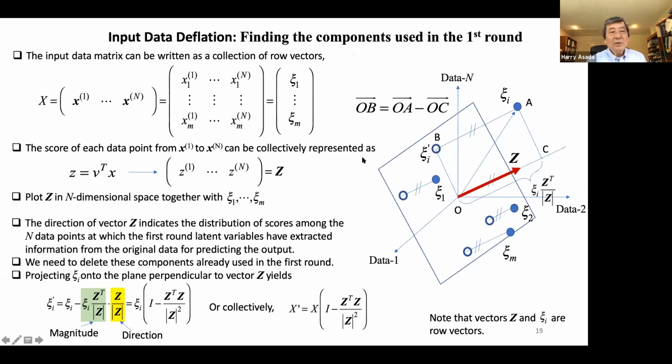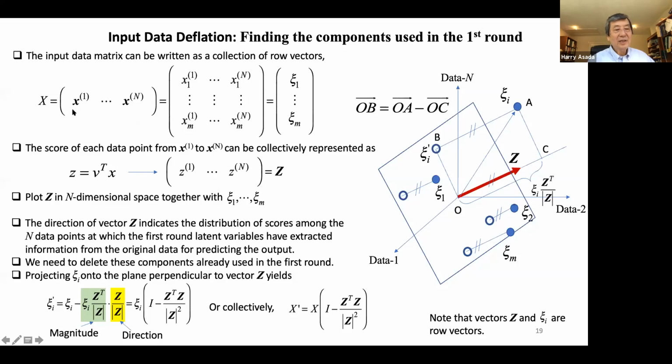So what we'd like to do is actually input data deflation, finding the components used in the first round, okay? And not just looking at one particular data point, but we have capital N data points in the samples. So, let's look at this data matrix.